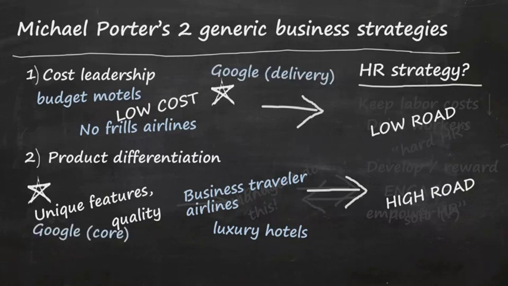Or even within the same organization, core employees at Google who need to be creative, have lots of autonomy, flexible, right, they would have a high-road HR strategy for those employees. But within a different business, for example, the competitive delivery business, Google, where labor costs are more important, we would expect that Google might have a different HR strategy that emphasizes cost containment.